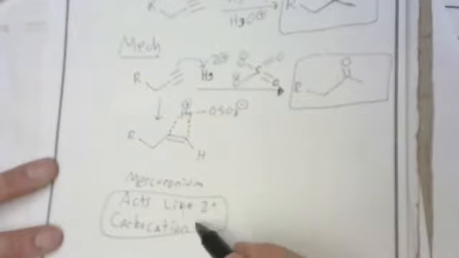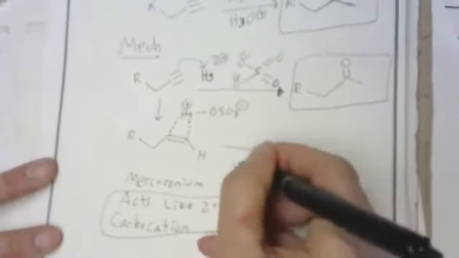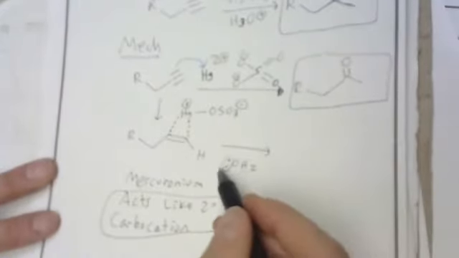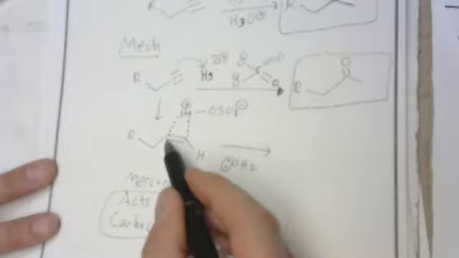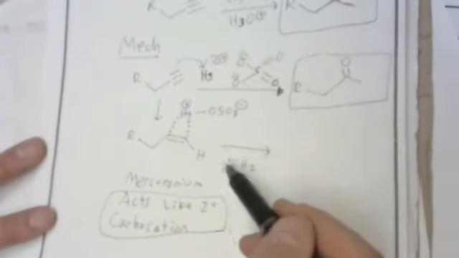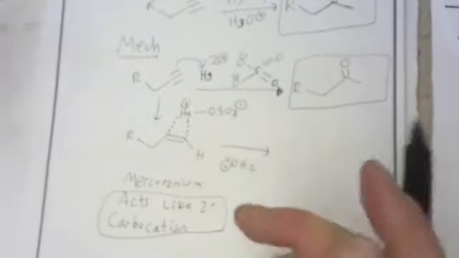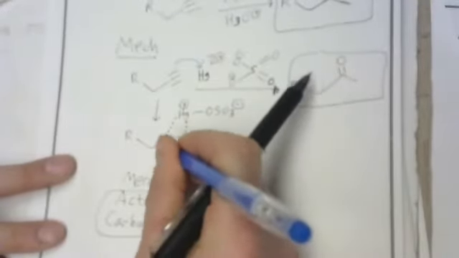Acts like a secondary carbocation means that when we have water, which is in the mixture, where is water going to attack? The secondary position or the primary position? It's actually going to attack this secondary, middle position. And you see that's where the oxygen ends up. So it would make sense that the water would attack the secondary position. So I'm going to go ahead and attack right there.